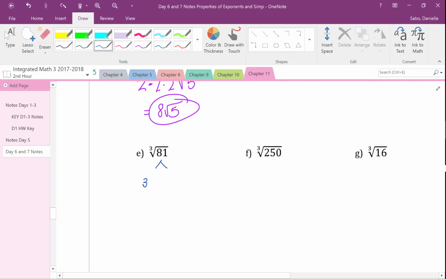So I have the cube root of 27 times the cube root of 3. Well, we know the cube root of 27. What is it? 3. And then we just rewrite this. Do you have questions on that?